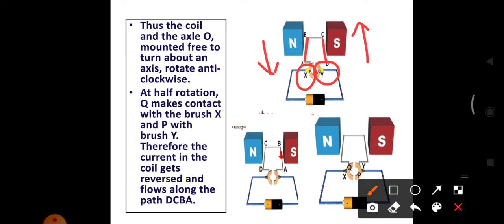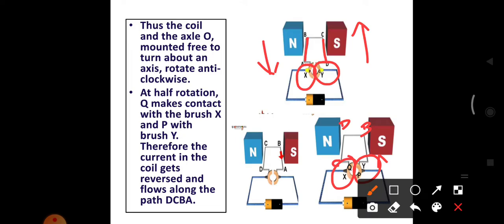After a half rotation, this is CD and this is AB. Q contacts X and P contacts Y. So therefore, the current in the coil gets reversed and flows along the path DCBA.